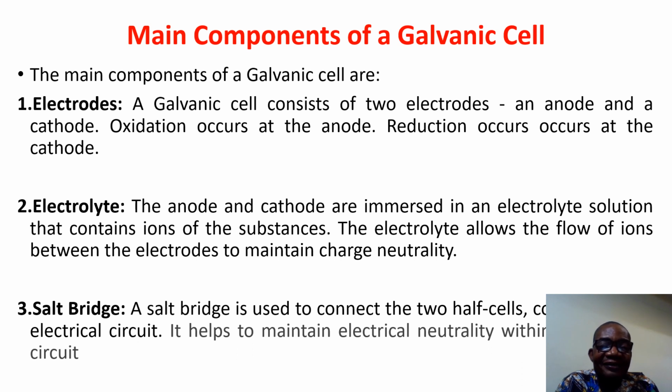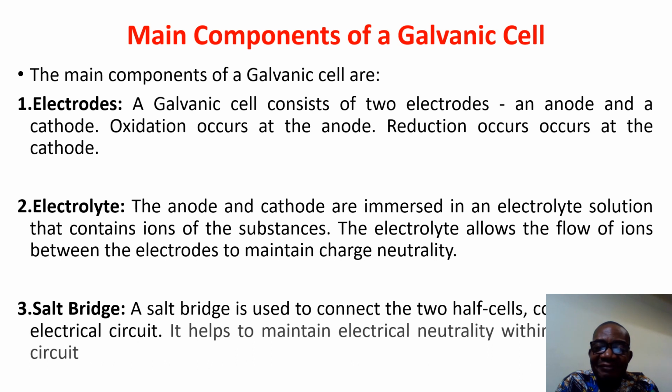Then we have the electrolytes. We have the electrodes immersed in the electrolytes. The electrodes are the anode and cathode. The anode is the positive electrode, while the cathode is the negative electrode.